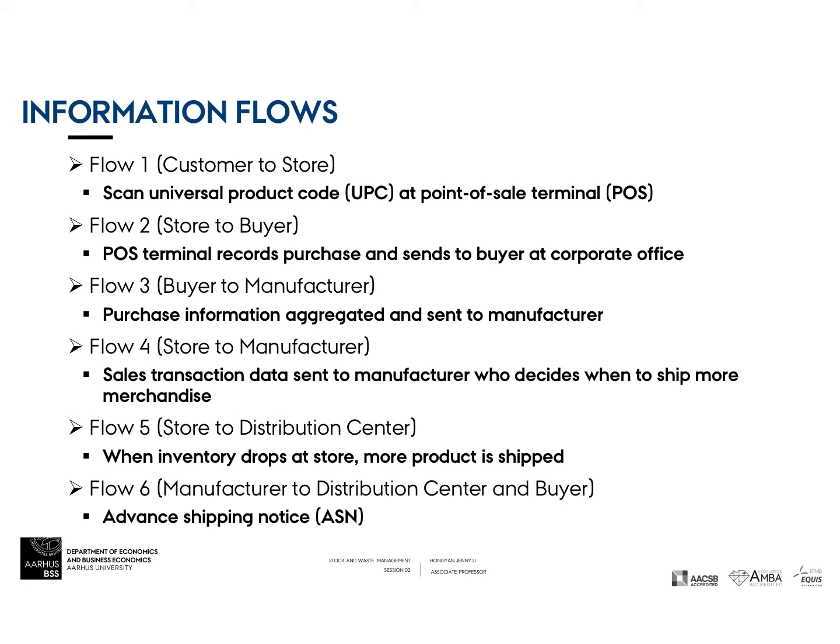Flow 2, the POS terminal records the purchase and sends it to the buyer at the corporate office. And from buyer to manufacturing, purchase information is aggregated and sent to the manufacturer. And from store to manufacturer, sales transaction data is sent to the manufacturer, who decides when to ship more merchandise.